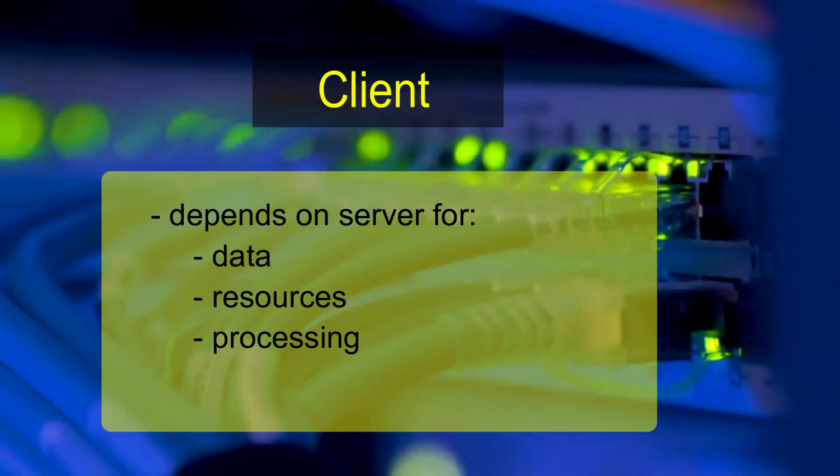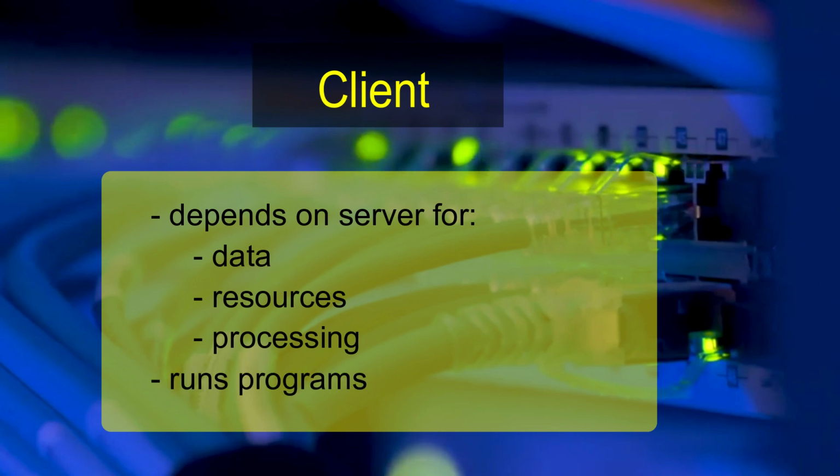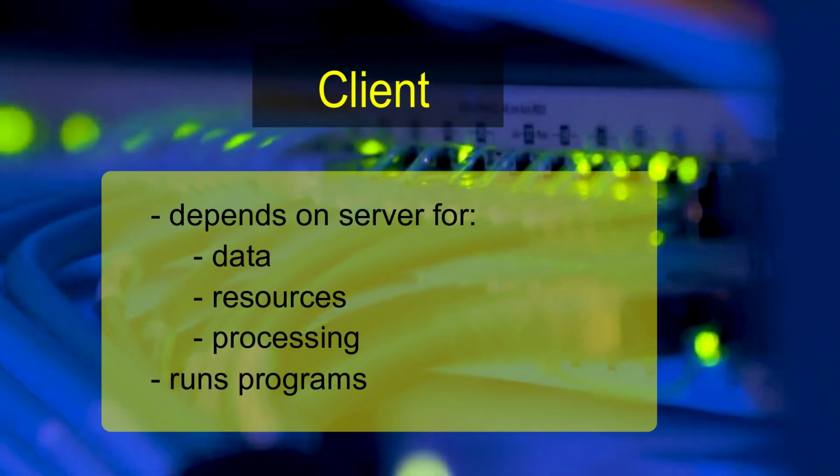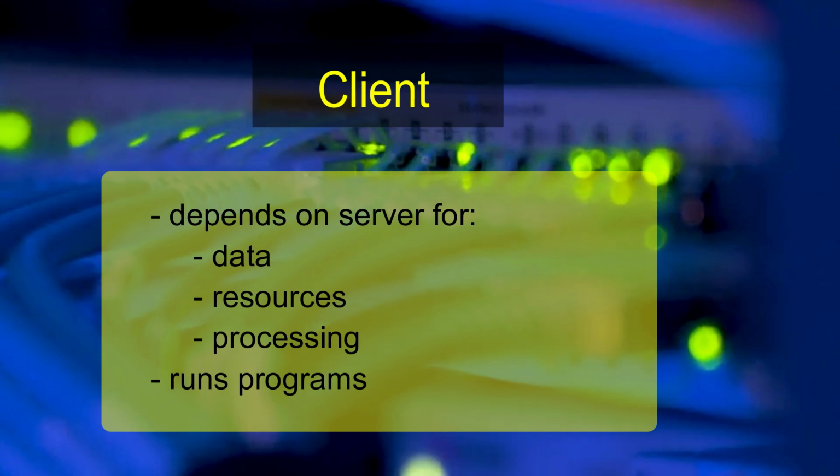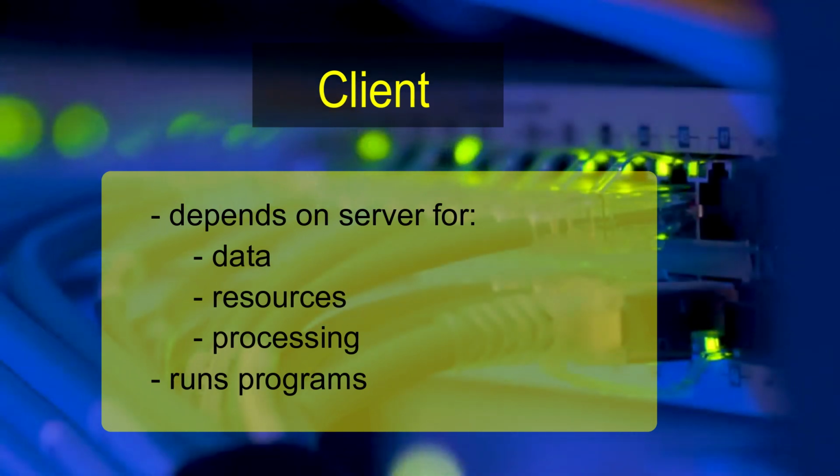A client can be a full-fledged computer, but it might still need the server for processing when high processing power is required, because the server is much more powerful than the client. Client can perform small processing like running programs and get the data from the server.